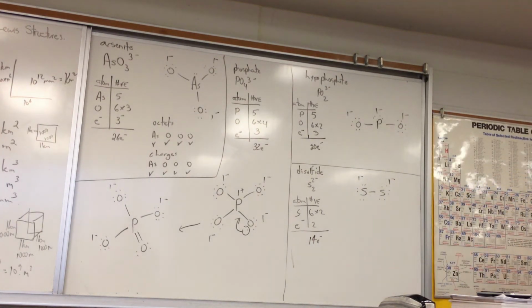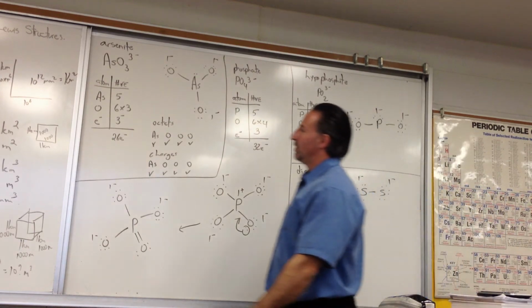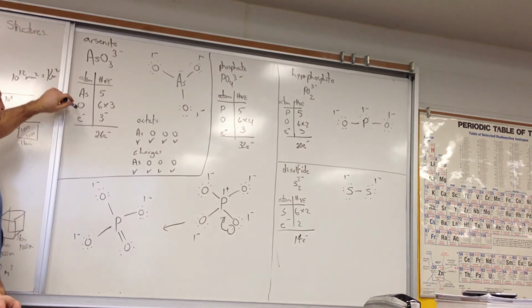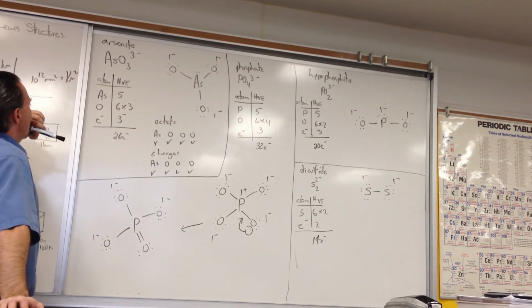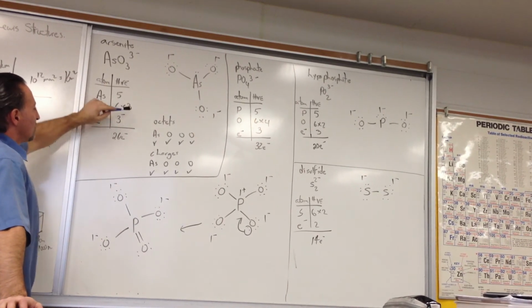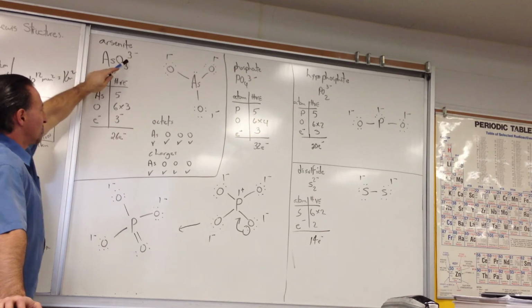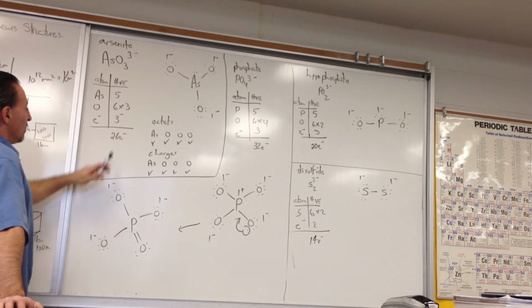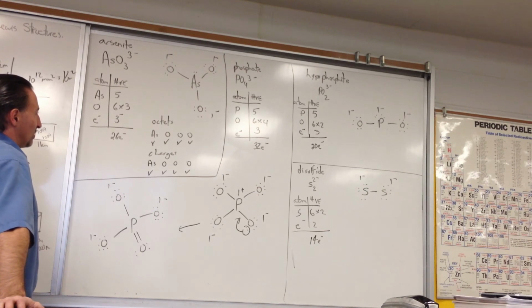It's in the nitrogen group, so it has 5 valence electrons. Oxygen is a chalcogen, so it has 6, and there are 3 oxygen atoms, and then of course there's a -3 charge, so we have to add 3 electrons to the final diagram. So there are 26 electrons that have to be accounted for in arsenite.